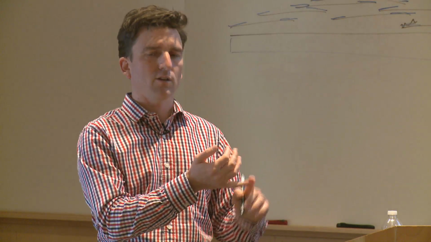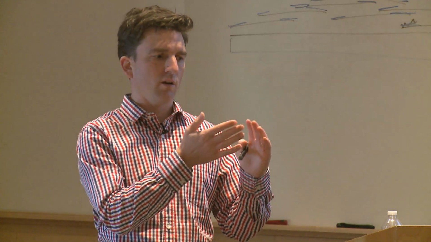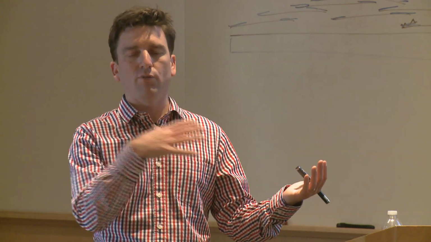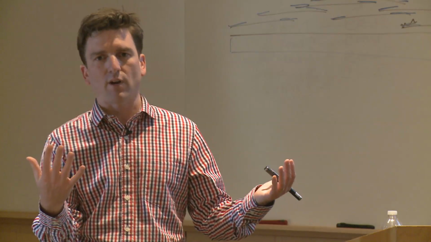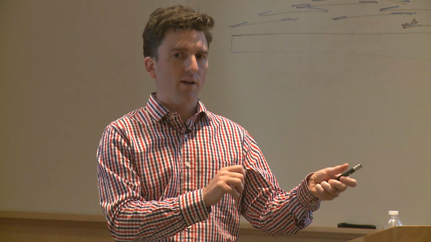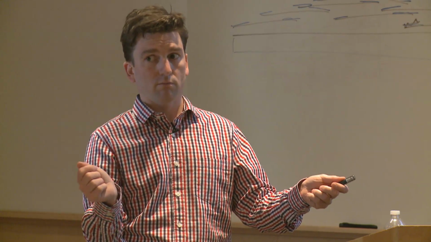So TOPHAT or star or bowtie or any of these aligners, they come with a command line that lets you create an index out of a FASTA file. Okay? So input is a FASTA file, reference genome. The output is an index. Okay?